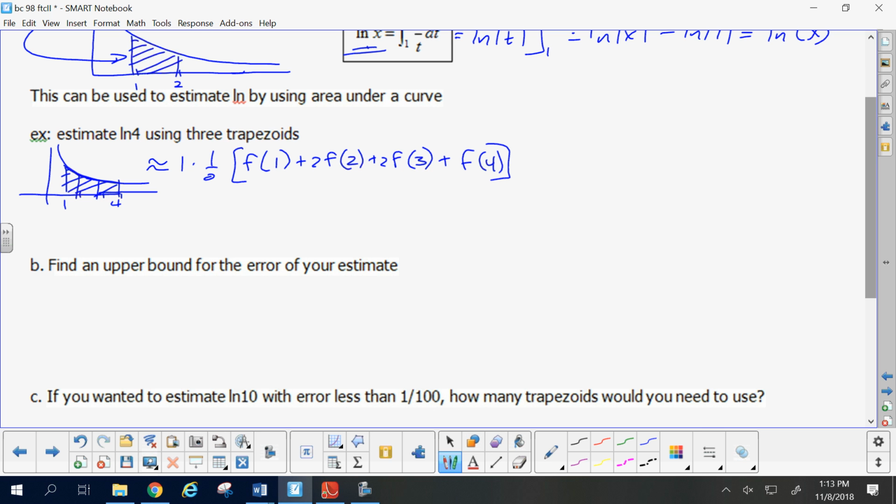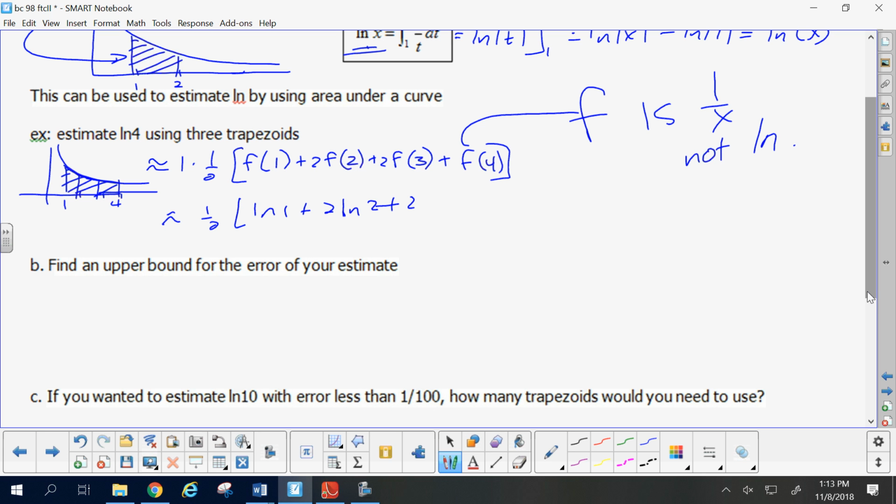Now, from experience, there is one huge source of error that students always get wrong. Be very clear in your head: f is 1 over x, not log. It's stupid on so many levels when I see a student do this on the test. Consider how stupid this is for a second.